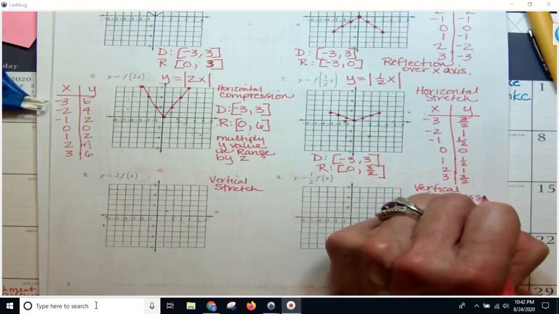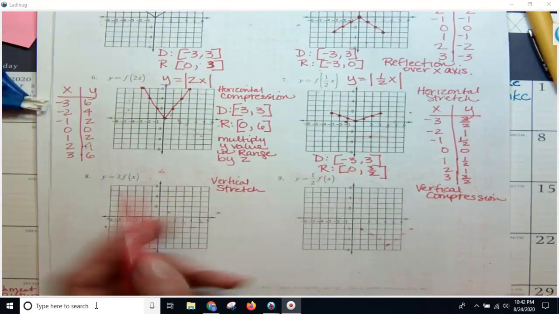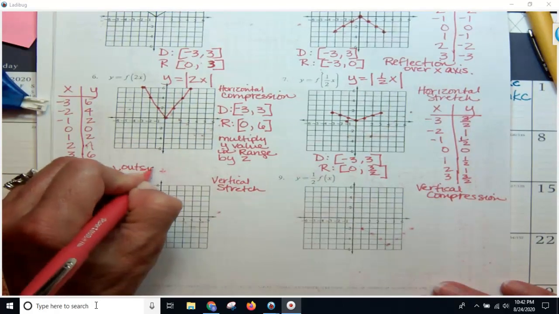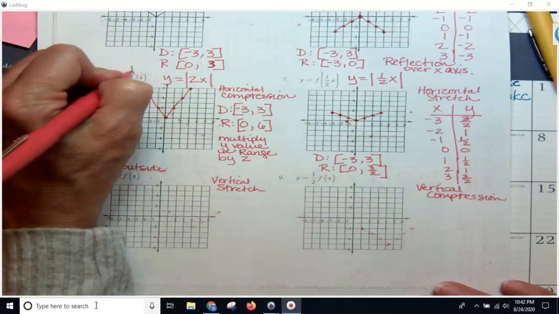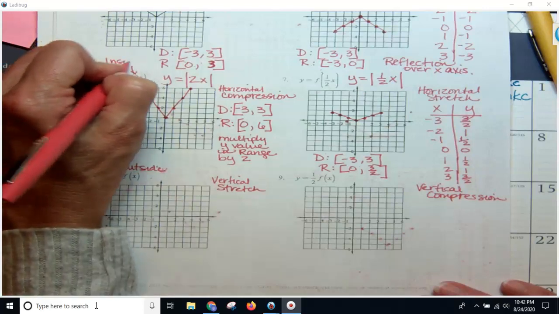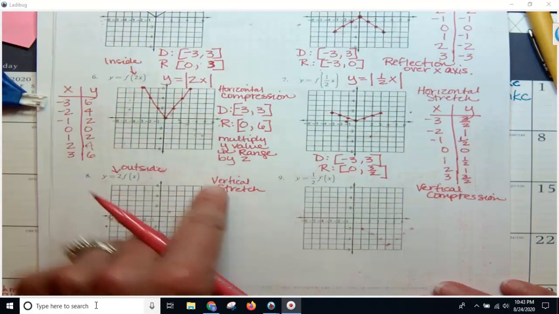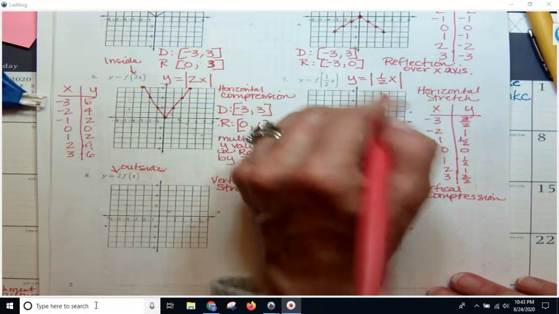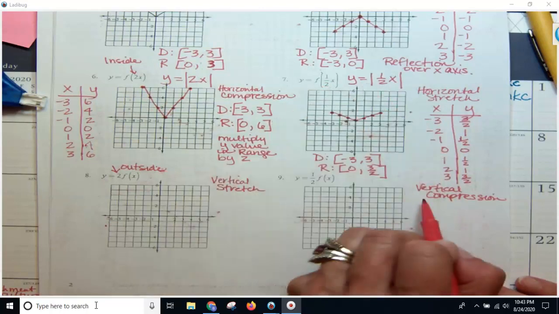The graphs are exactly the same. The difference is that this number is on the outside of the function, and this number is on the inside of the function. That's the difference between a horizontal and a vertical. This is going to be a horizontal stretch, and this is a vertical compression.